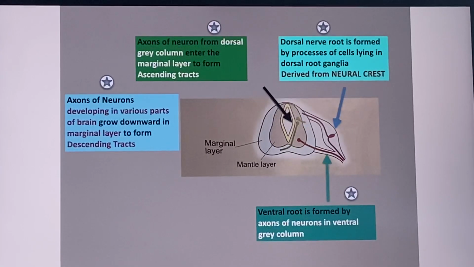They descend in the marginal layer because the same pattern happens during the development of the different parts of the brain. So they travel through the marginal layer, reaching the spinal cord as descending tracts. Only one thing is left, that is the cells present in the dorsal ganglia. Those cells are basically derived from neural crest. So these things you are supposed to write. These are very important things.